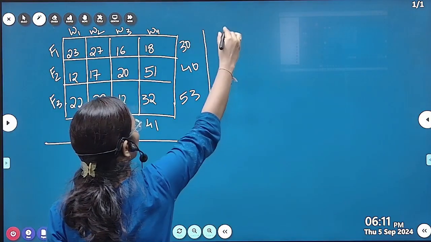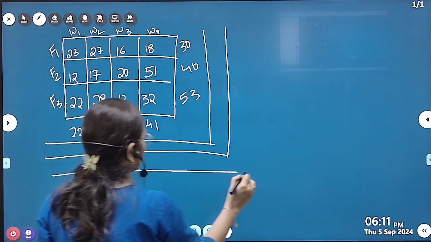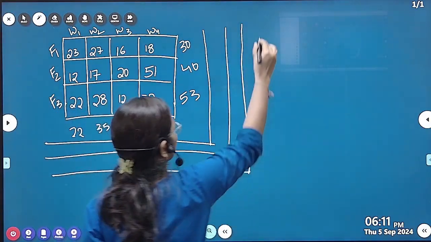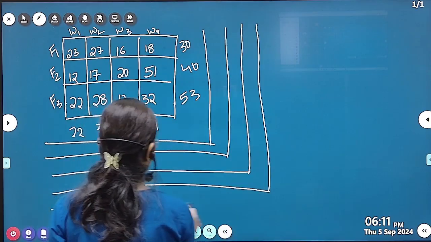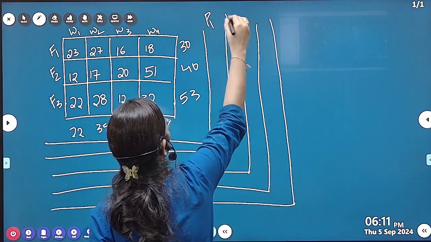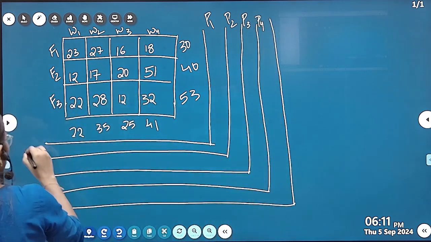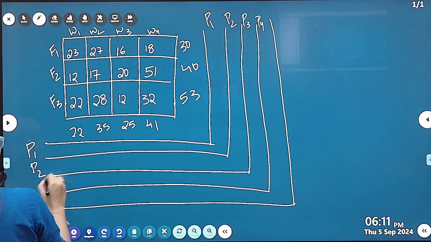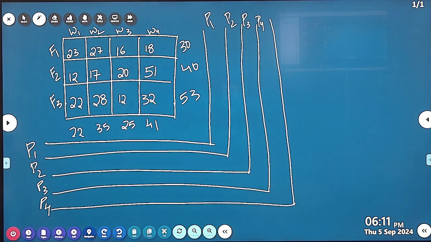So this is Vogel's approximation method. So it is P1, P2, P3, P4. This is P1, P2, P3 and this is P4. Okay. So this is Vogel's approximation method. Copied everyone? Question?